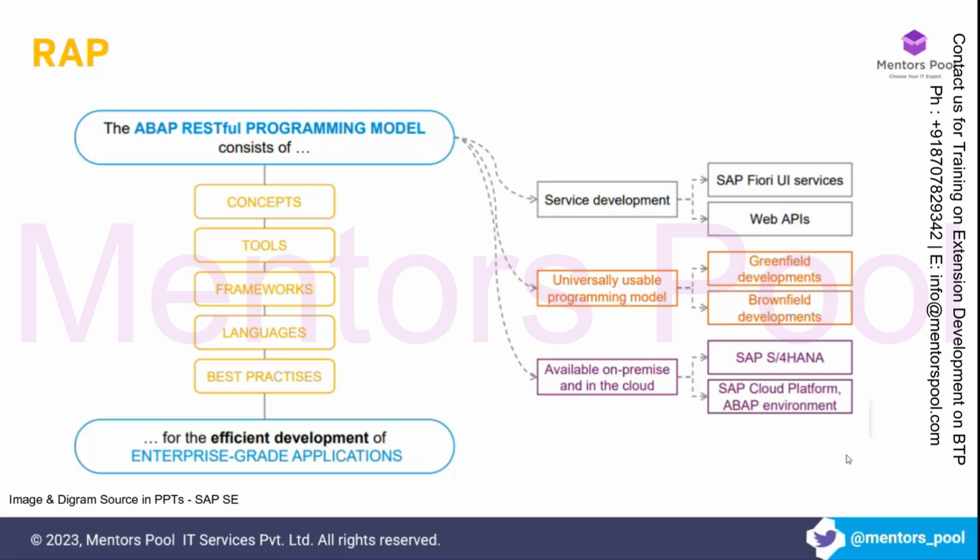In earlier days, I needed to have an S4 instance. I needed to log on to GUI, and only then I would be able to code ABAP, if I had to build anything in ABAP. But now I can have ABAP without having the entire S4 or ECC system, and that makes it a more universally available programming model.